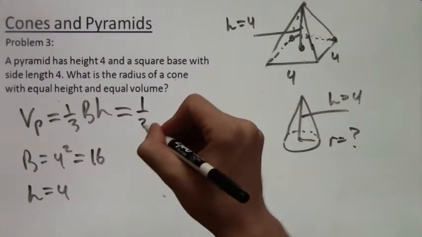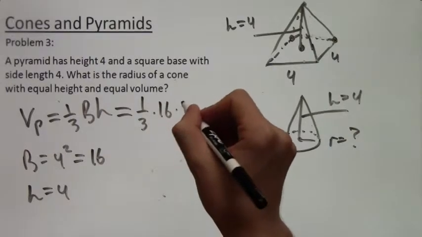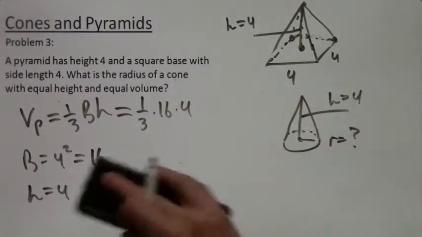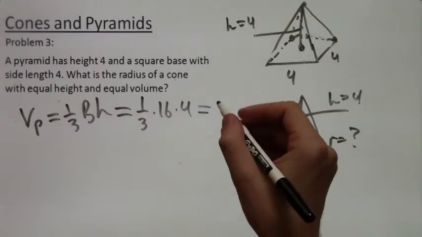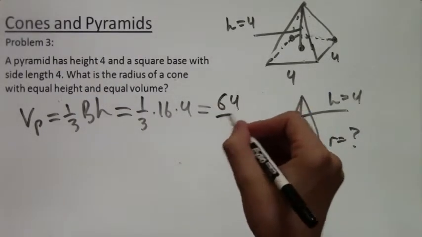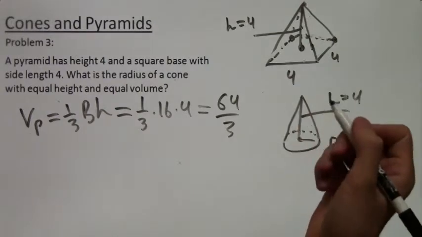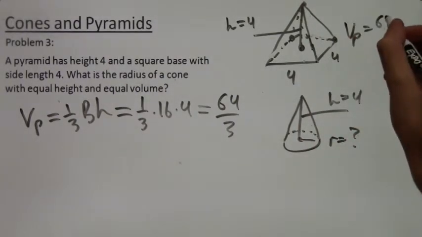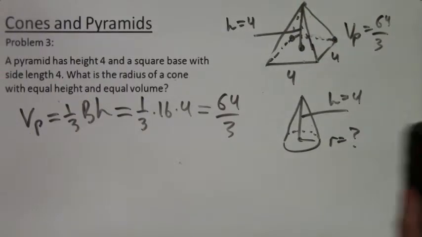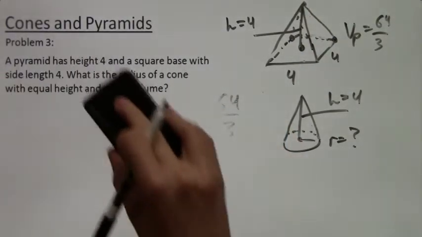So the volume of the pyramid is 1/3 times 16 times 4. And when we simplify this, we get 64 over 3. And this volume of the pyramid, I'm just going to rewrite it over here, is also the volume of the cone.